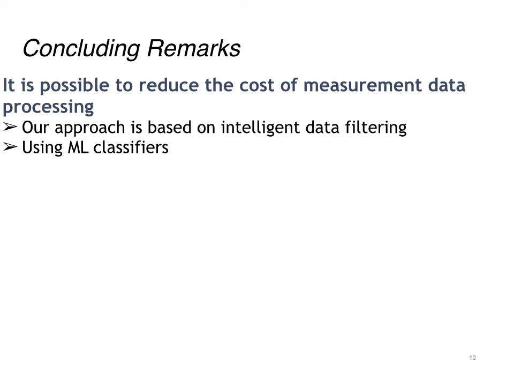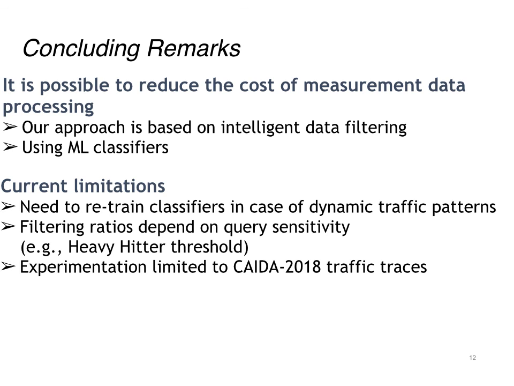To conclude, this work shows that it's possible to reduce the cost of processing all measurement data based on intelligent filtering of the measurement data itself, and this can be done by employing machine learning classifiers. However, this approach still has some limitations.